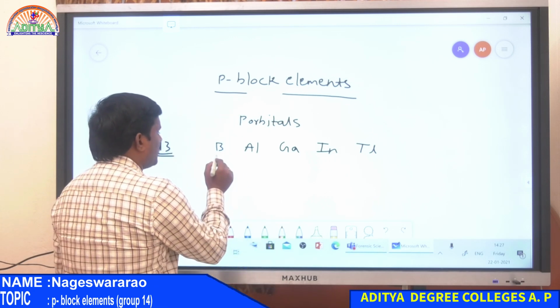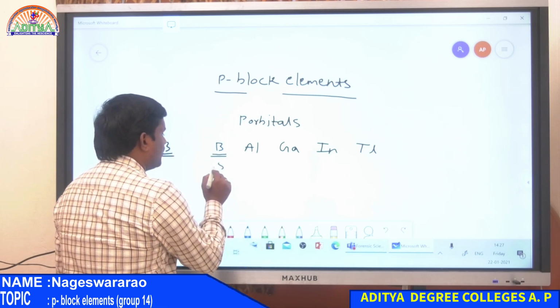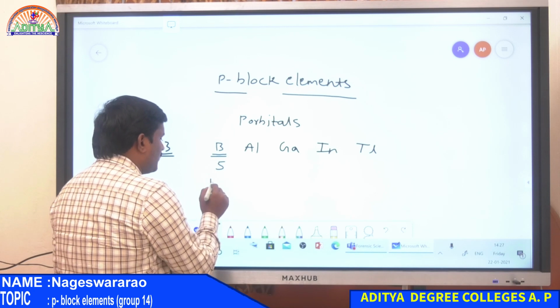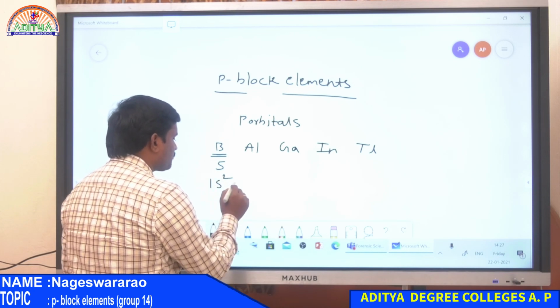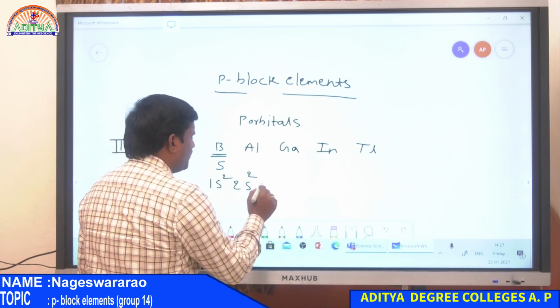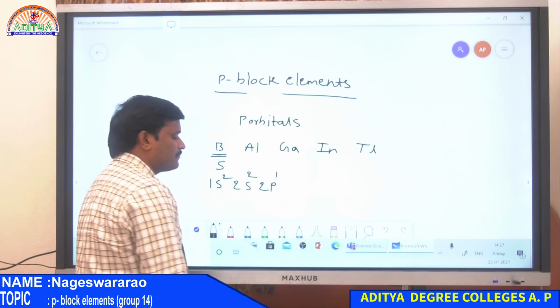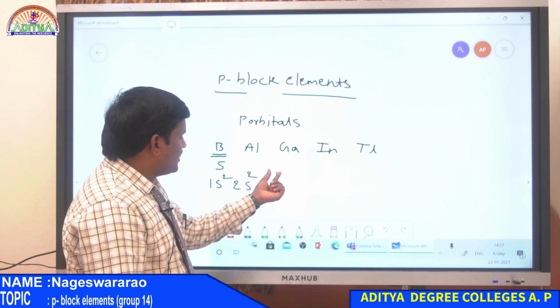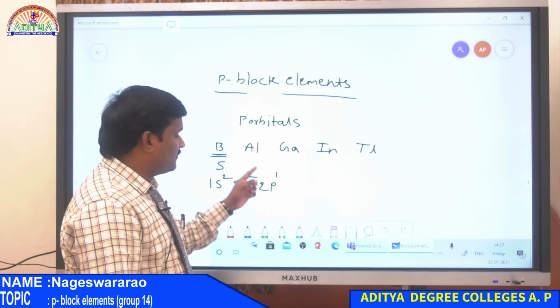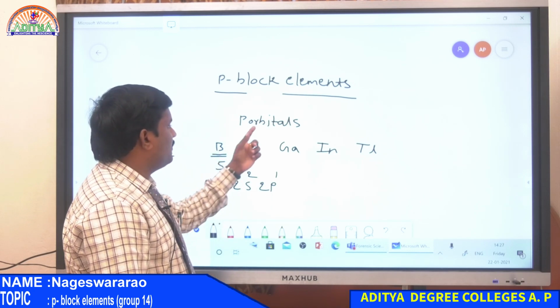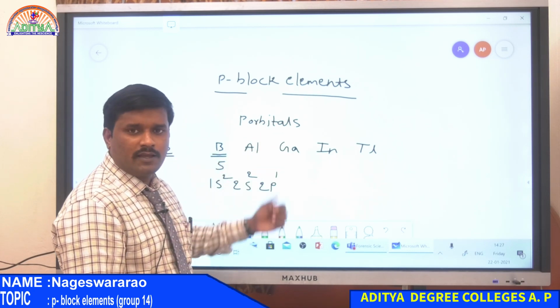For boron, atomic number is 5 and electronic configuration is 1s2, 2s2, 2p1. So here the last electron enters into p orbital, therefore boron is a p block element.